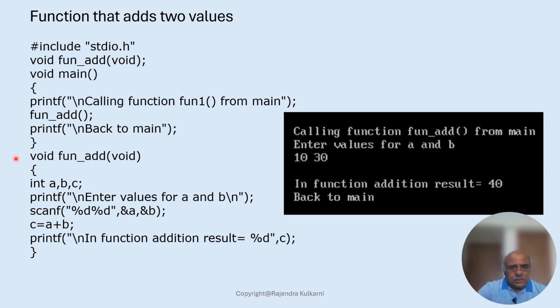So first, in the main, when the program starts executing from main's opening brace, a printf statement calls function fun1, which appears here, then the function call fun_add causes the program to jump to the definition of the function, the opening brace of the function's definition code.